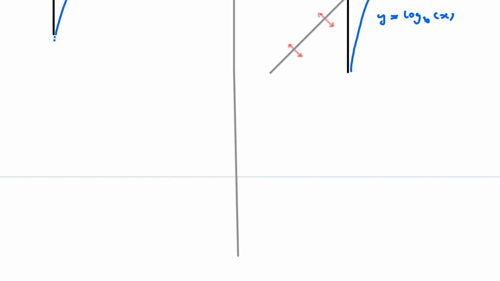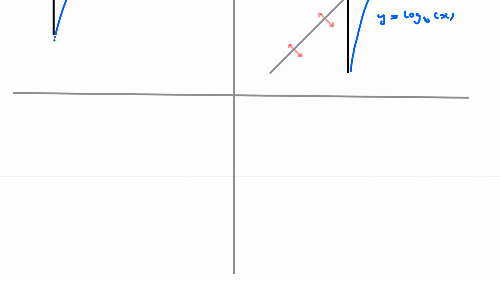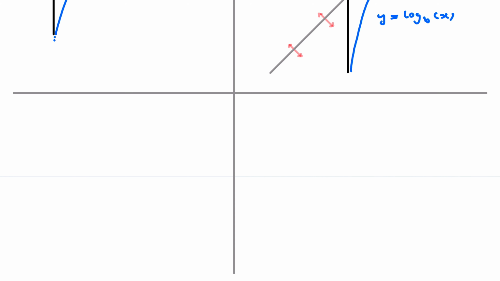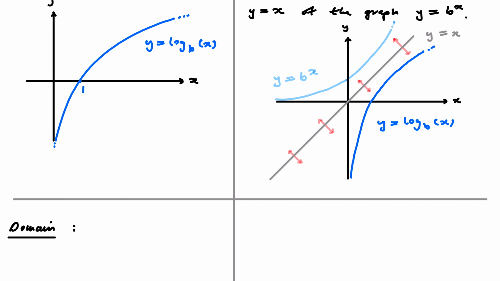So we can read off things like range, domain, all that kind of thing. And we know these anyway because we know the ranges and domains of the exponential, so they all follow. So the domain, what's that? Well, that's all possible inputs. Everything strictly greater than 0.